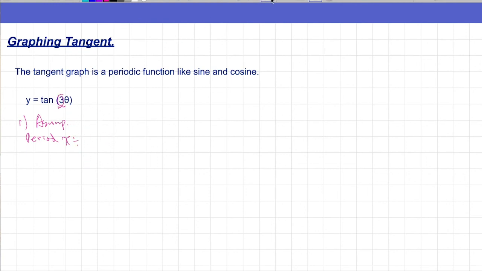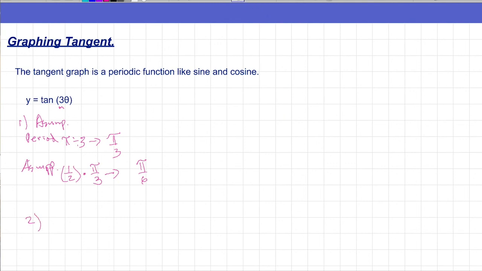In this problem, the frequency is 3. Whatever number you see here. That makes this period pi over 3. So to find the asymptote, what I'm going to do is take 1/2 and multiply it by this period length. That makes the asymptote pi over 6.